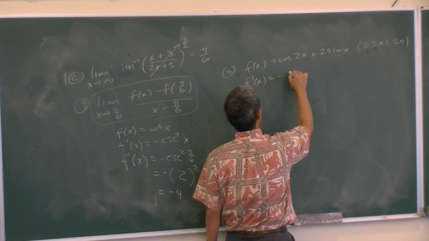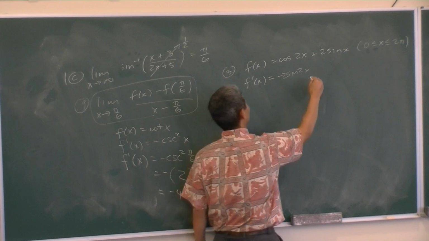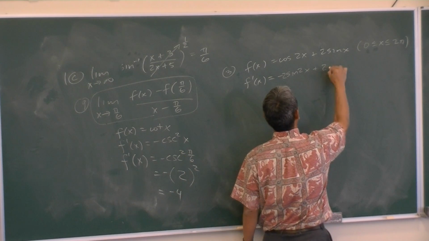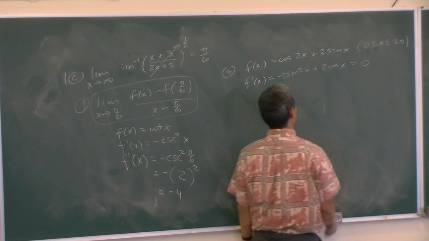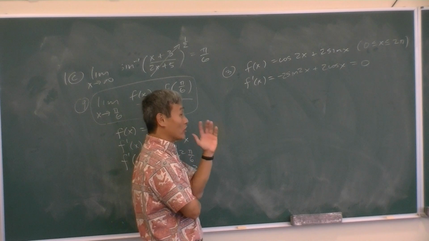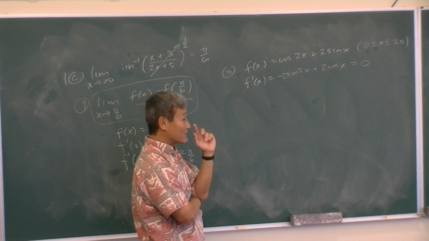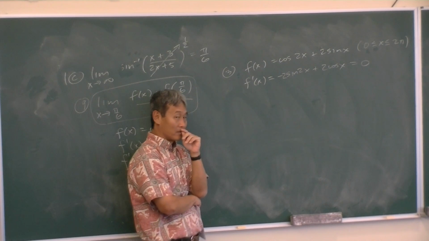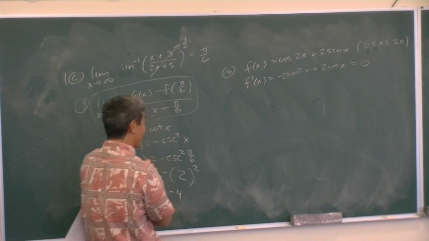It's negative sine 2x times 2 plus 2 cosine x. Okay, and we want to know when is the derivative equal to 0. So we just need to solve this equation. Now on the AP exam, I'm telling you right now, you gotta know your double angle identities. They test you on that all the time. Just sine and cosine. I've never seen one where you have to know tangent 2x. But sine and cosine double angle, you need to know.